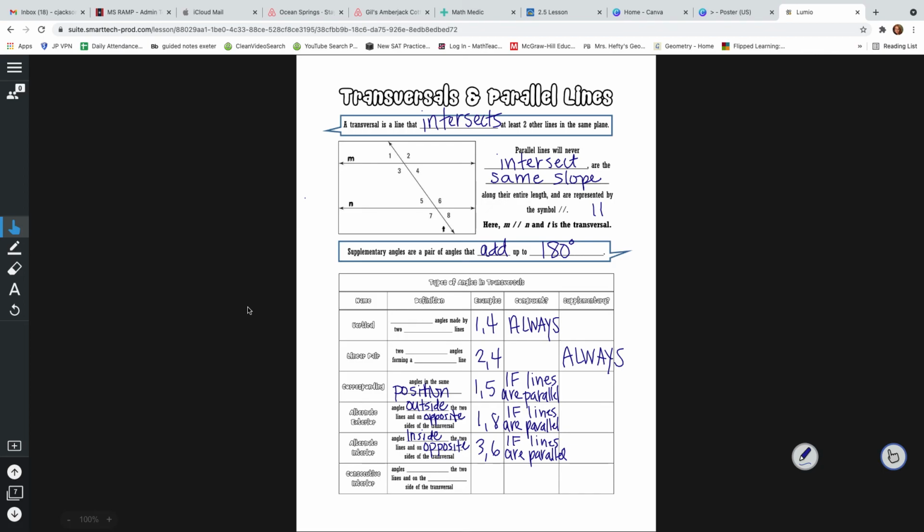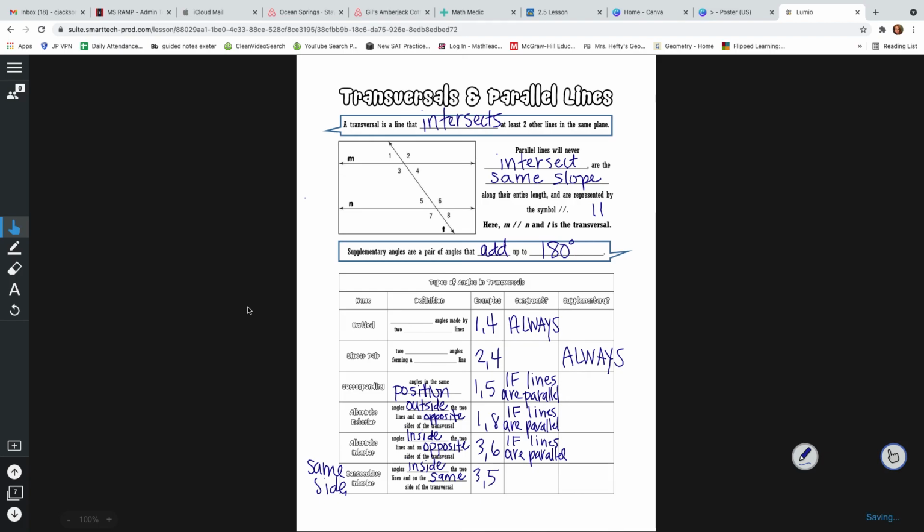Okay, last one. What was another name for that? Same side interior. Are they going to be inside or outside? Inside. So angles inside the two lines and on the same side of the transversal. 3 and 5.